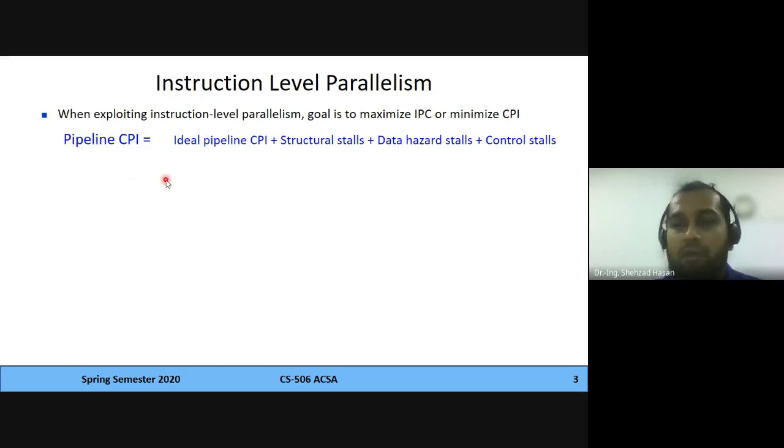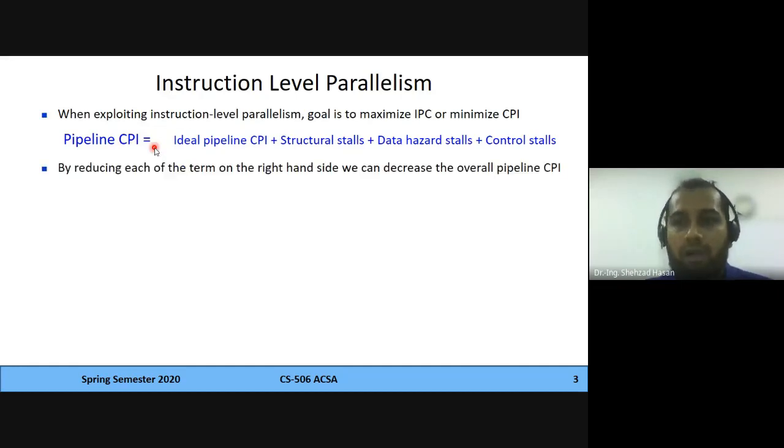But the goal here is to minimize the CPI, which means that obviously you cannot change the ideal pipeline CPI, and if there are certain stalls, you can do forwarding to reduce data stalls, but even with forwarding, there would be some stalls left. So this would be your pipeline CPI. But if you want to minimize it, then you have to do something more. Now, how to reduce that? What you can do is go for different techniques to reduce it.